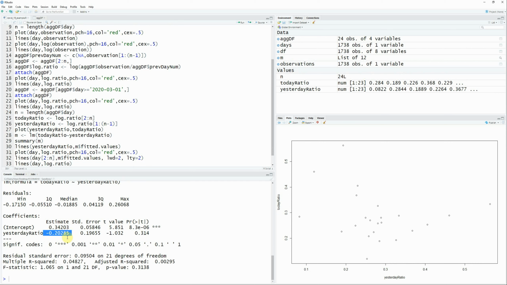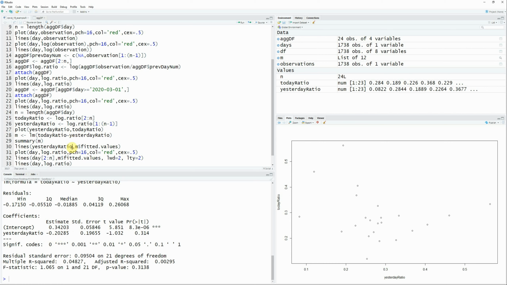We see that there is a tiny negative effect of whatever ratio you had yesterday on today's ratio. But more than that is this intercept, which shows that for the period we're looking at, that's on average the daily ratio of change that we see in this pandemic.